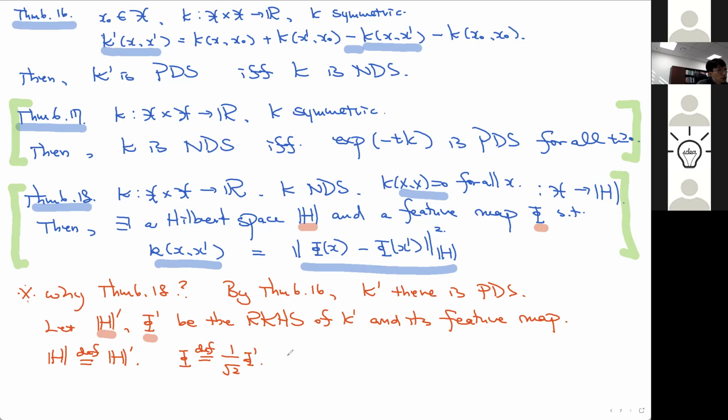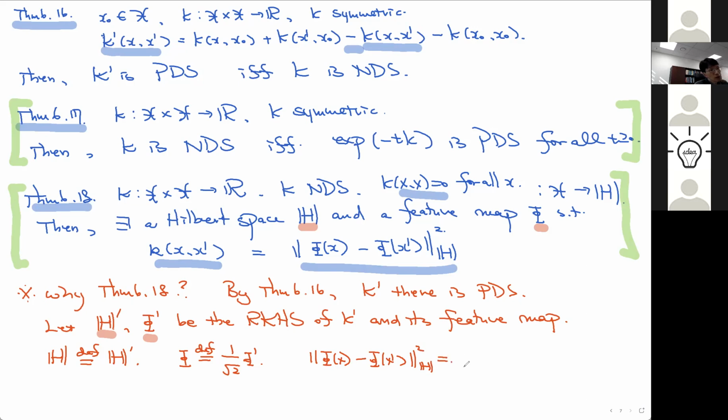So then if we do so, then if you compute k of x and x prime, so then it computes the v of x minus v of x prime squared in this Hilbert space.